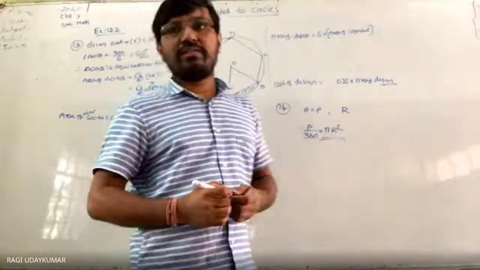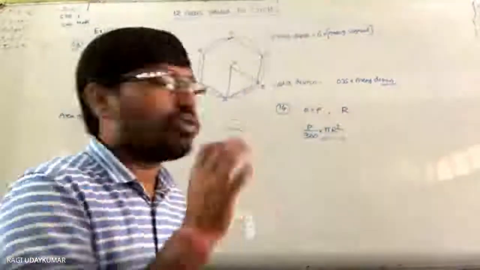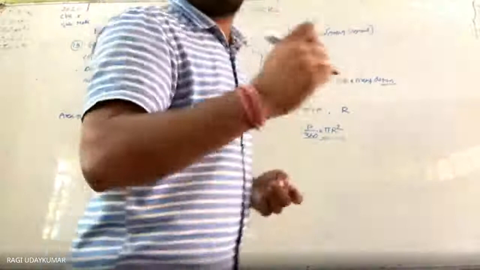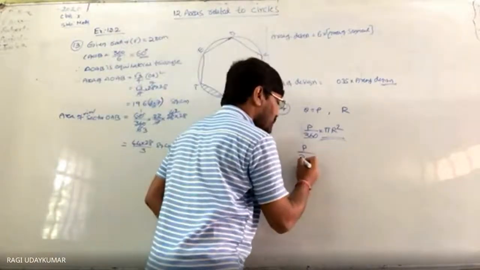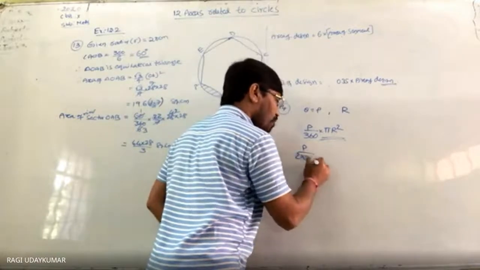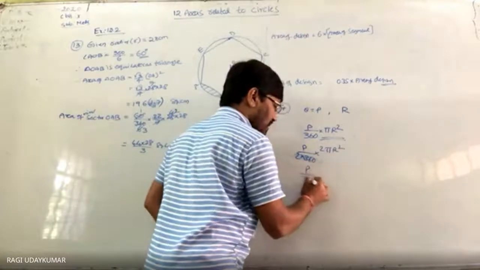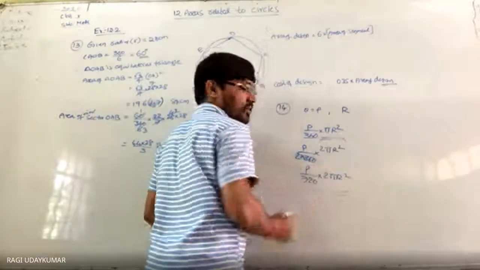But here the question, whenever you take P by 360 into pi R square, the option is not given. So it is not given in the options. So here P by 720, multiply by 2. 2 into 360. Multiply the numerator by 2 also. 2 pi R square. So P by 720 into 2 pi R square. So this is the 14th question.